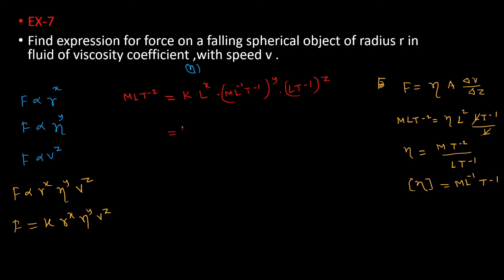So k into L to the power x, m to the power y, L to the power minus y, t to the power minus y, here L to the power z, t to the power minus z.